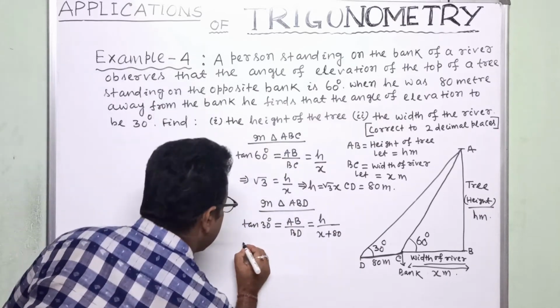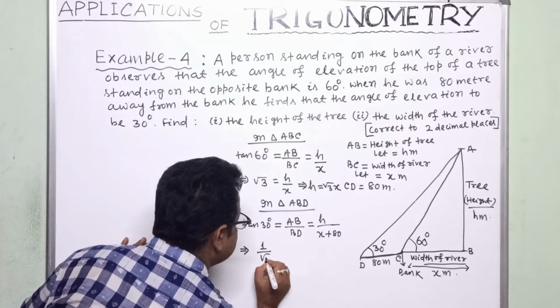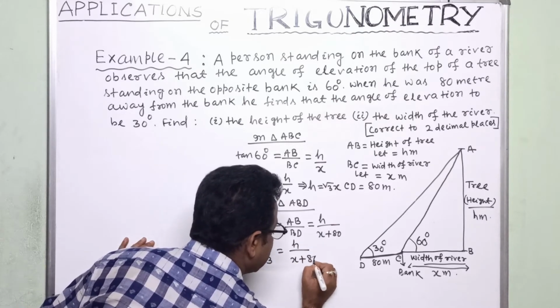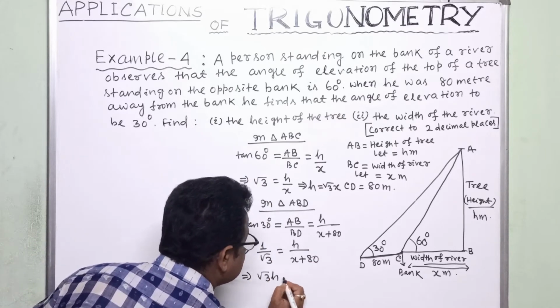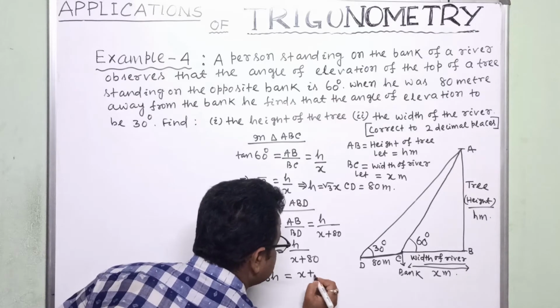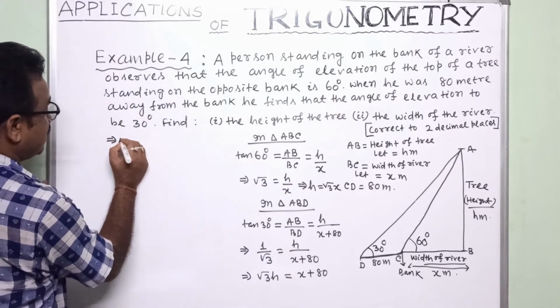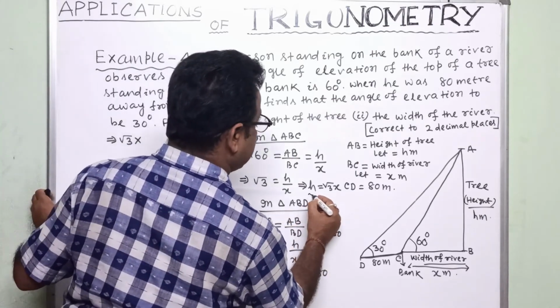Now that implies 1 by root 3 is equal to H by X plus 80. That implies root 3H is equal to X plus 80. What is the value of H here?